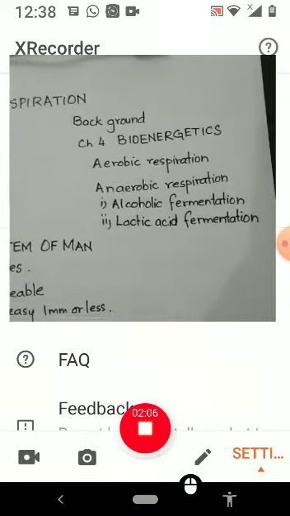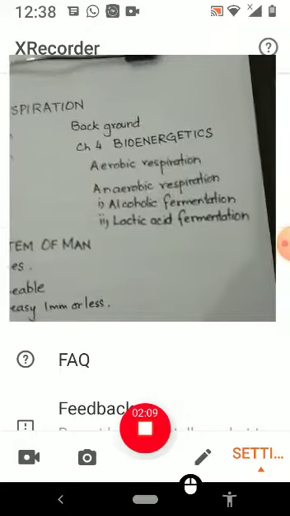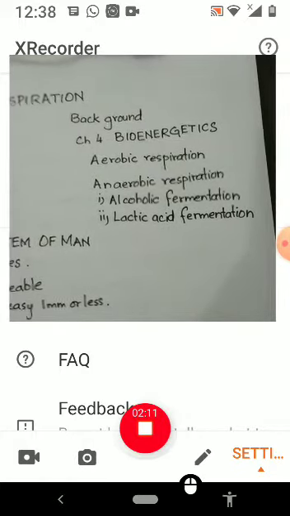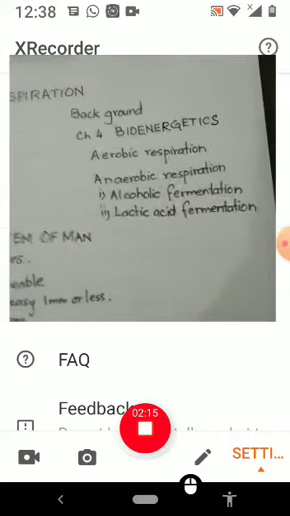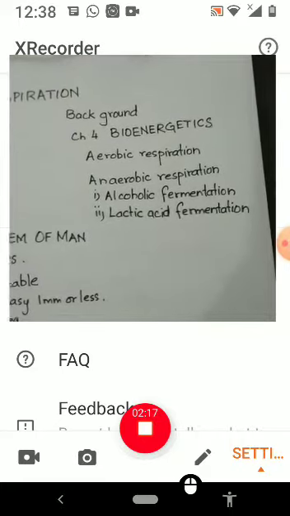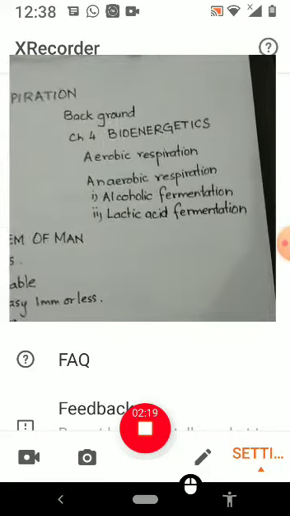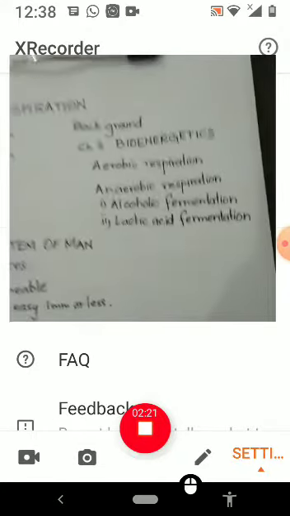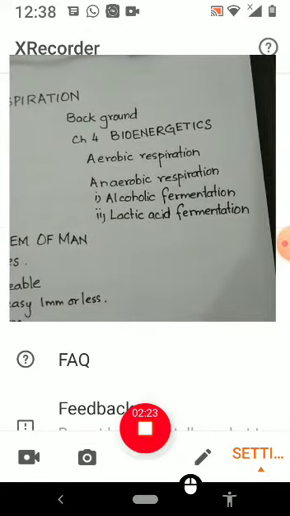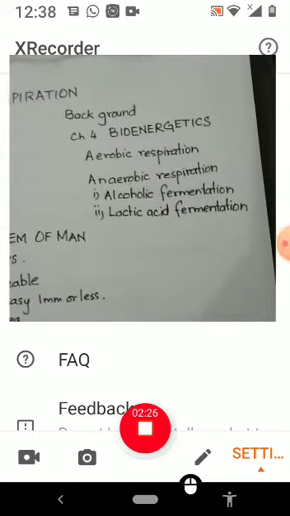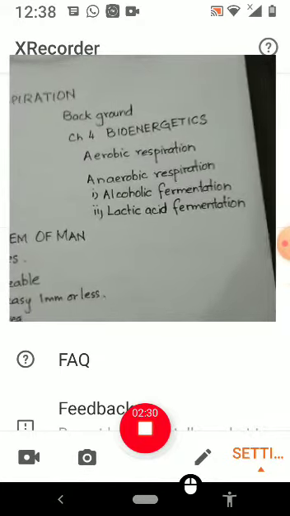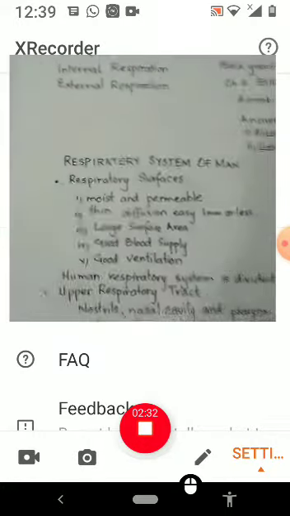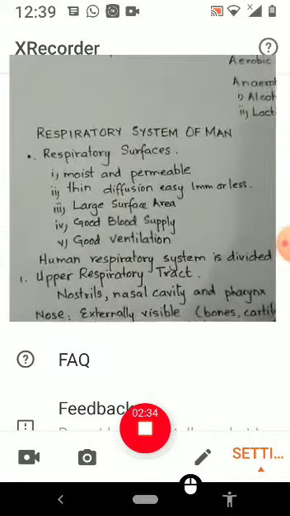And in anaerobic respiration, you also studied about alcoholic fermentation and lactic acid fermentation. So, from the biochemistry point of view, you are well aware about respiration, but today we will be studying about the anatomy of the human respiratory system and its functioning and mechanisms. So today our topic is the respiratory system of man.